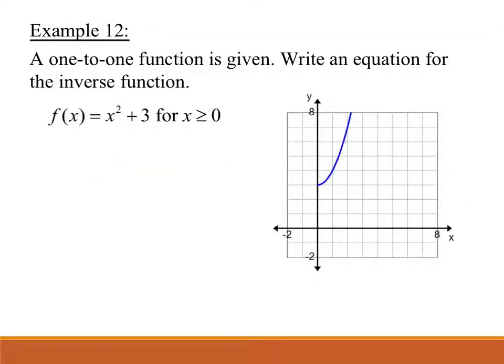So in example 12, we have a one-to-one function as given, but we automatically have a restricted domain in this particular case, because the original function f of x equals x squared plus 3 is not one-to-one for all x.